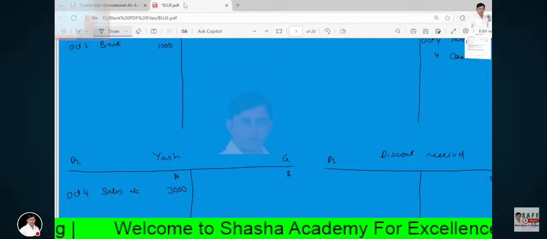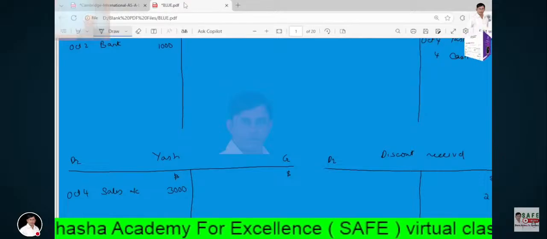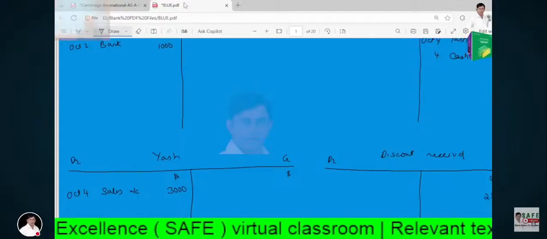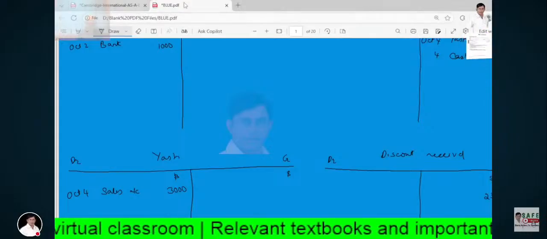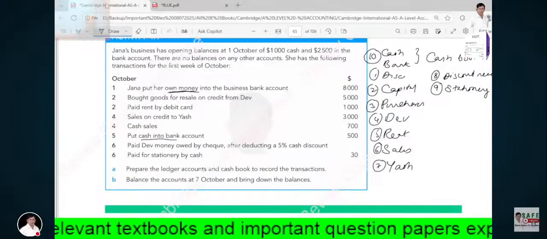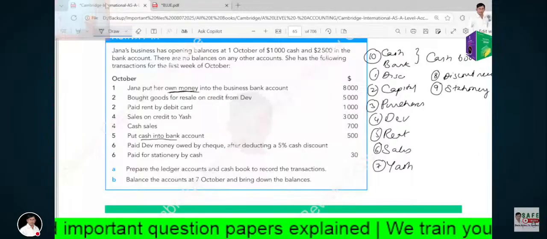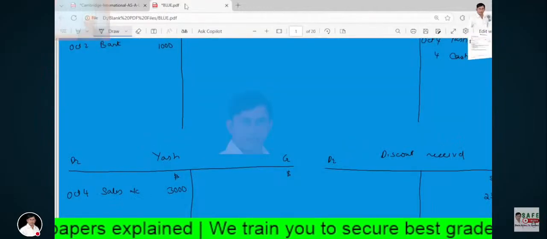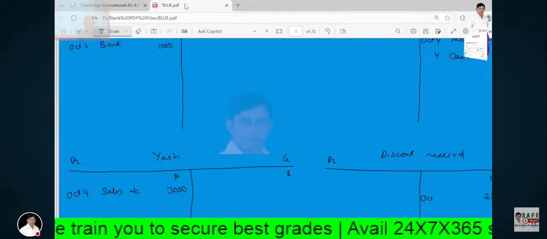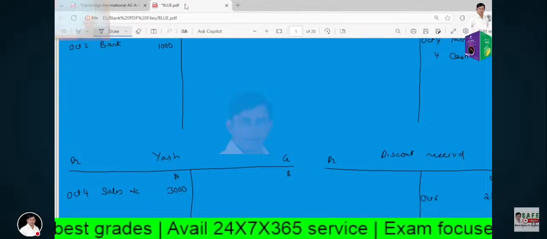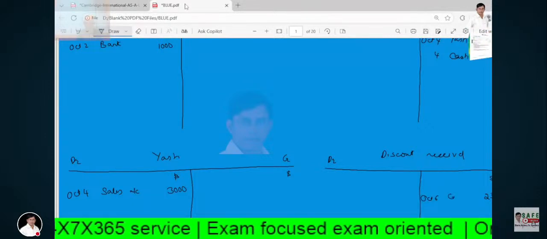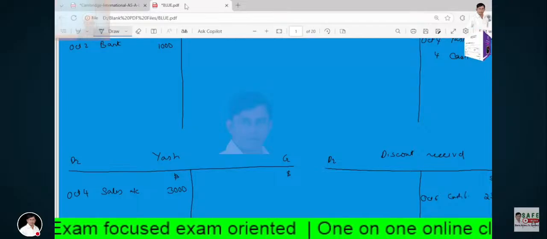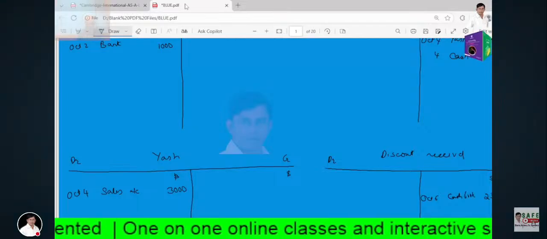Here it is discount received 250. What date? Only amount on 6th. October 6th. Cash. So we are trying to do that.